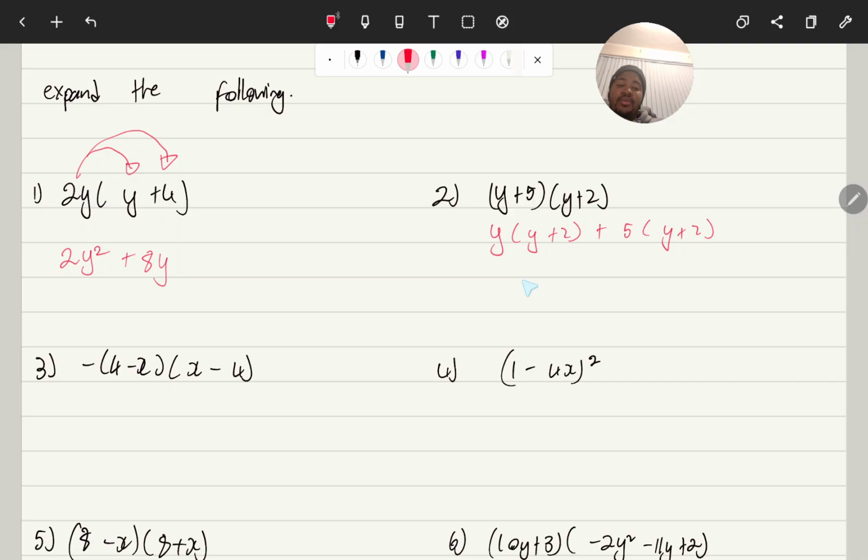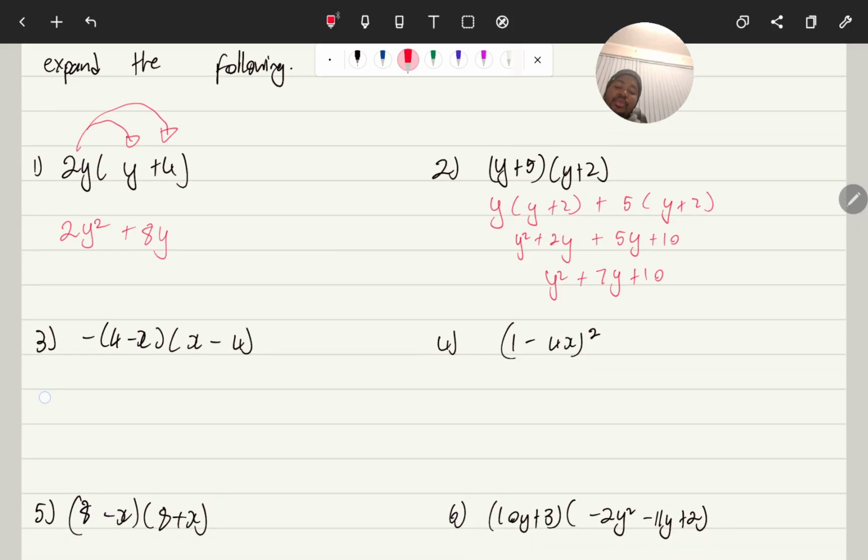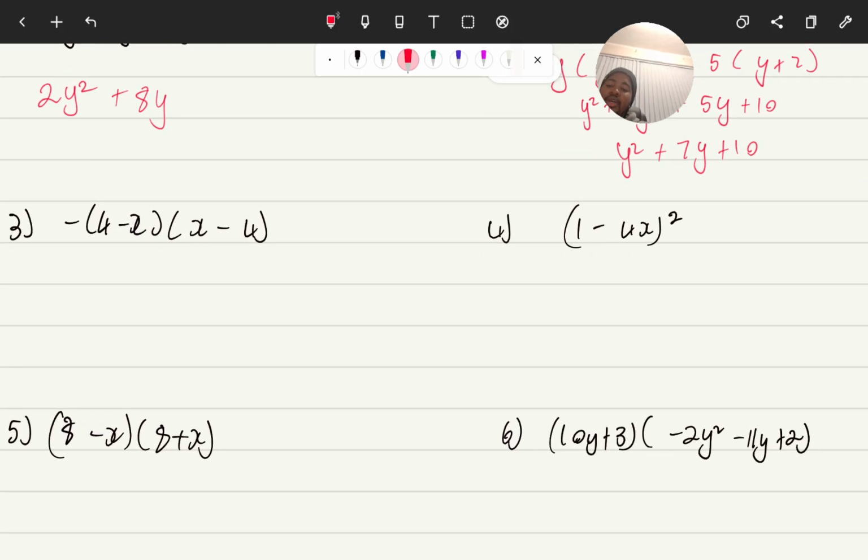Y times y squared plus 2y, then you have plus 5y plus 10, therefore you have y squared plus 7y plus 10. Beautiful. Cool, let's go.